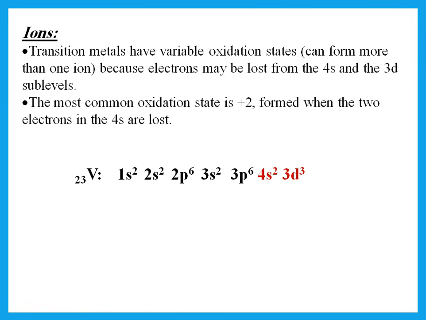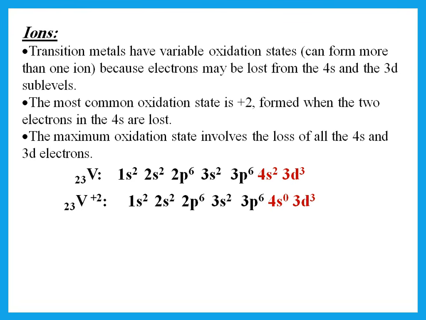Now, when vanadium wants to make an ion, the most common oxidation state for any of these metals is +2, because I will remove the 2 electrons of the 4s. So the first kind of oxidation state is +2, in which we have removed the 2 electrons from the 4s. Now I'm left, for example, with vanadium with 3 electrons in the 3d.